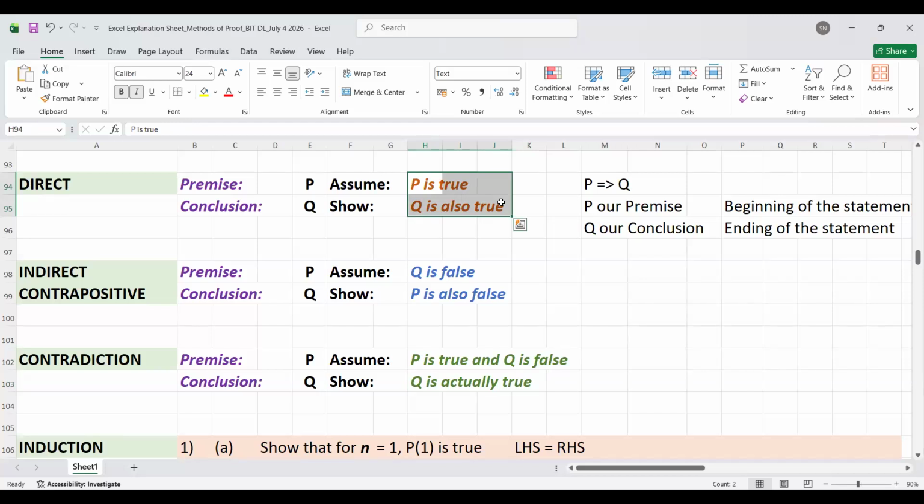Now, how do you use these methods to answer questions? Because this is a math class, I'll use mathematical principles to test this concept.